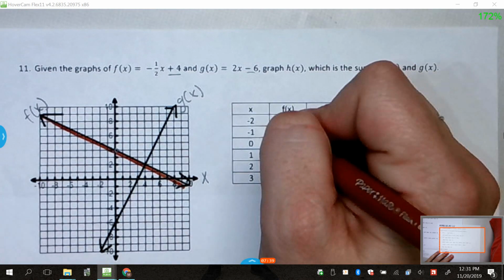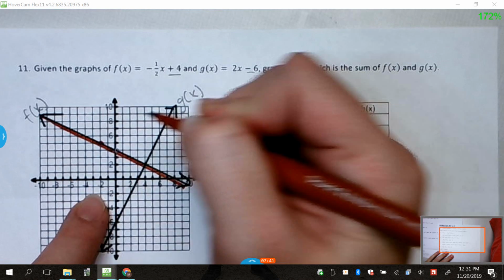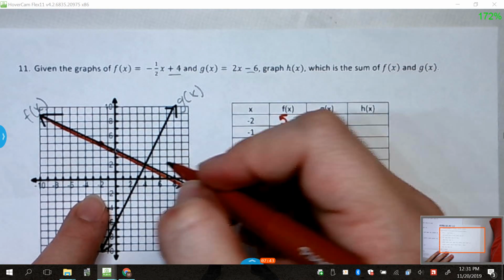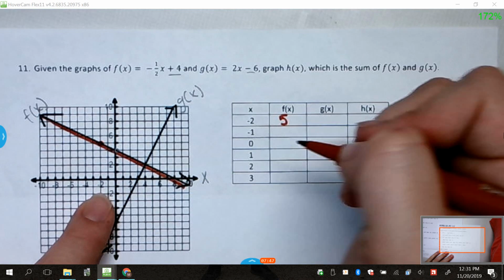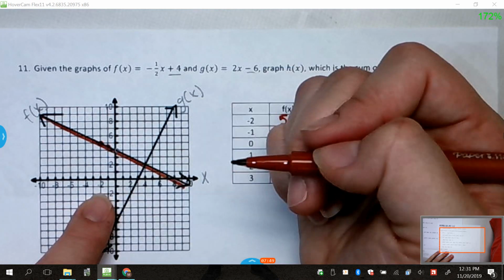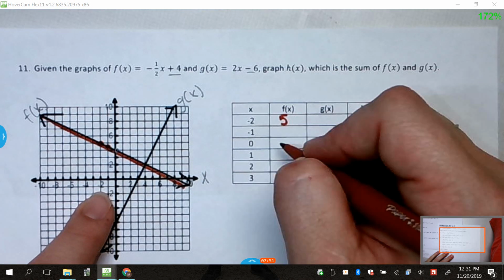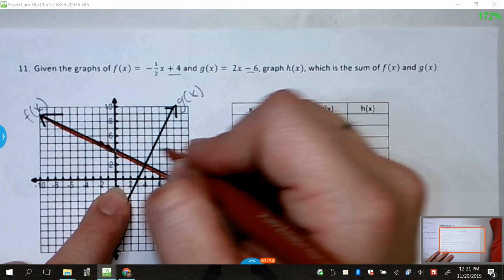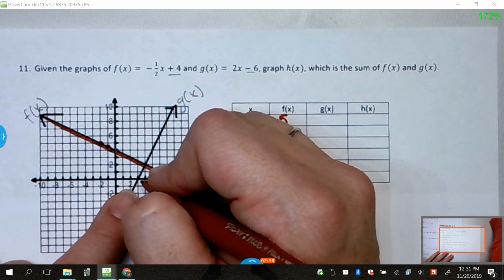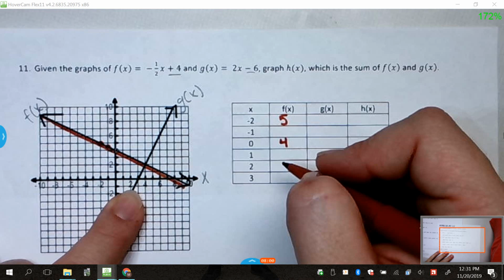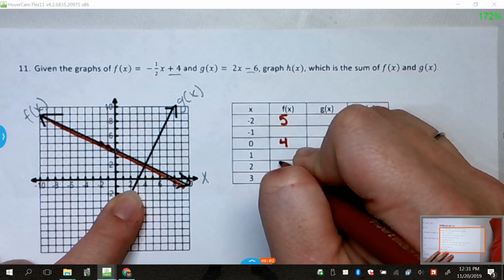At x is negative 2, the height is 5. At x is negative 1, the height is a fraction, so I'm going to skip it. At x is 0, the height is 4. At 1, it's a fraction. At 2, it is 3.